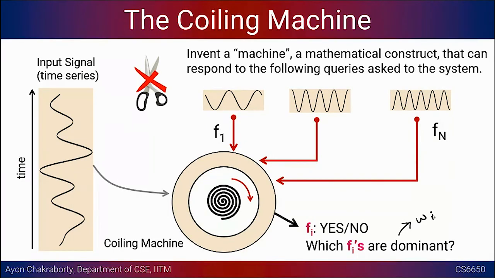For certain i's you have peaks, spikes. So you can say that maybe F11, F10, and F9 were dominant, and the rest were not. This is the basic idea of what we want to achieve using this machine.